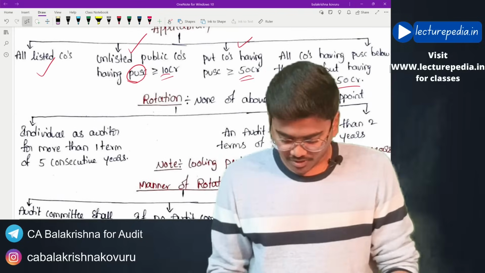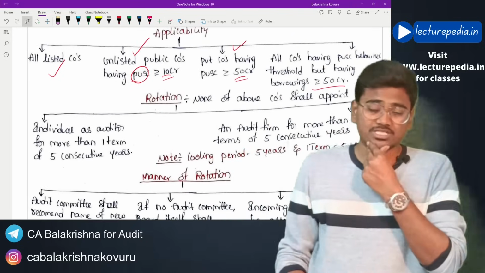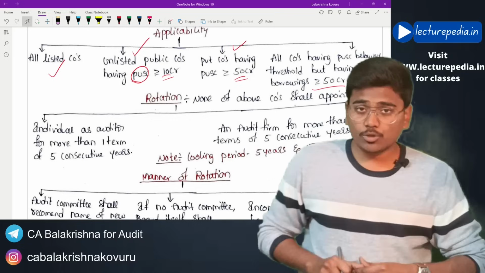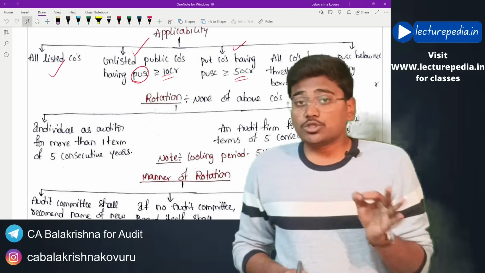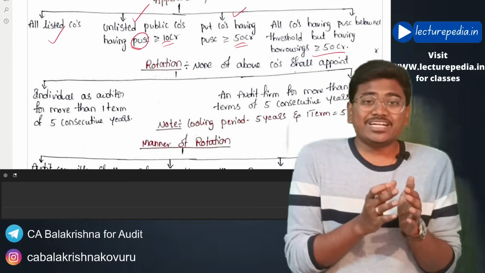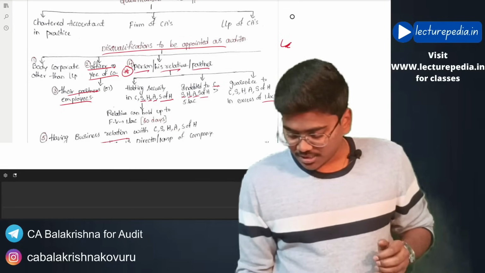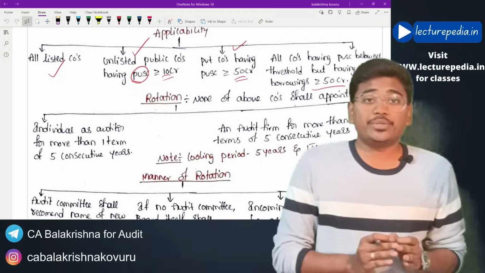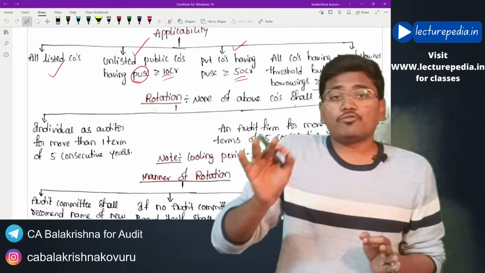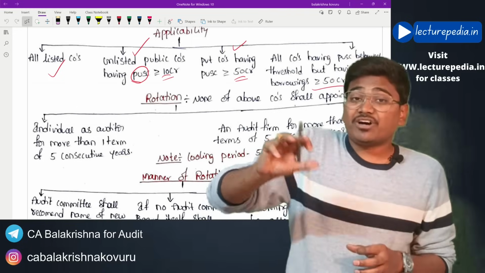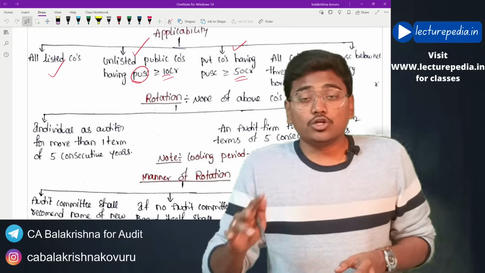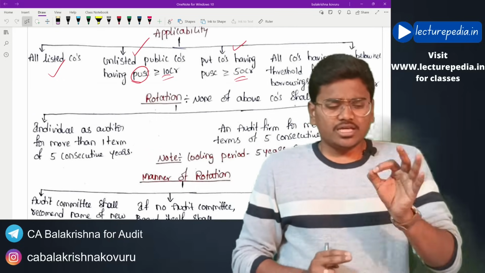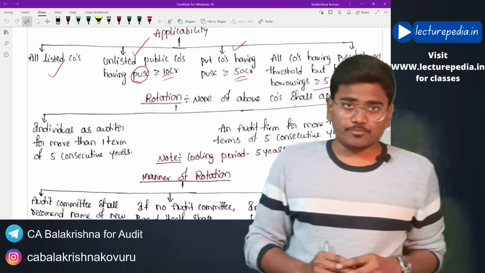Now, what does this rotation concept say? None of these above companies to whom the concept of rotation is applicable should appoint an individual as an auditor for a period of more than one term of 5 years and a firm of chartered accountants as auditors for a period of more than 2 terms. Okay, here one term will be 5 years.